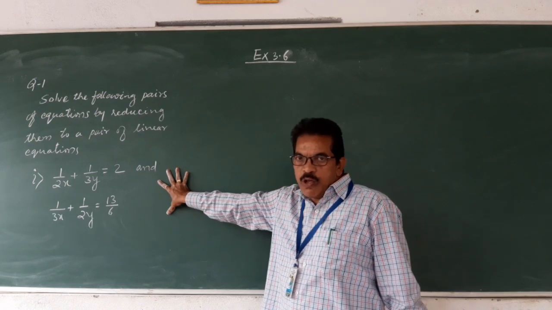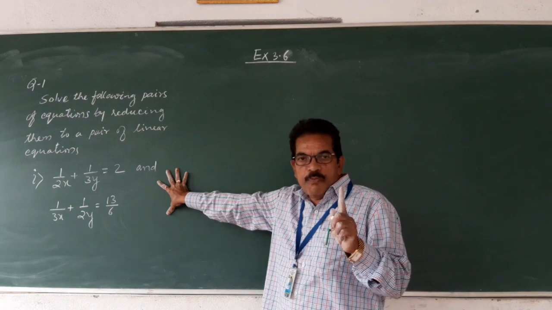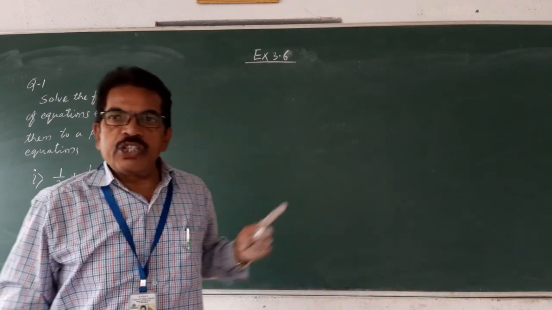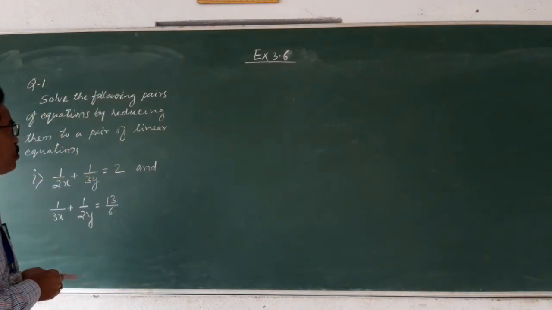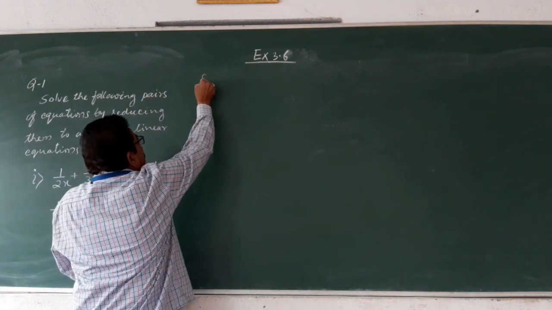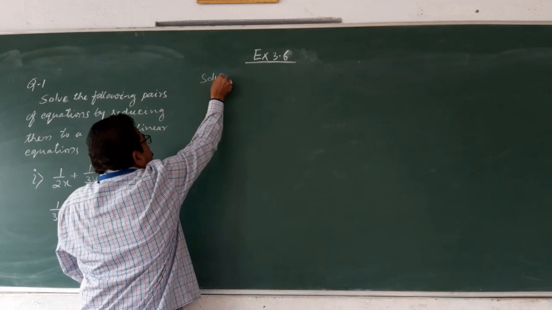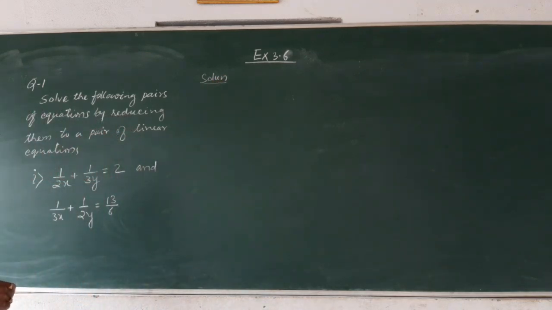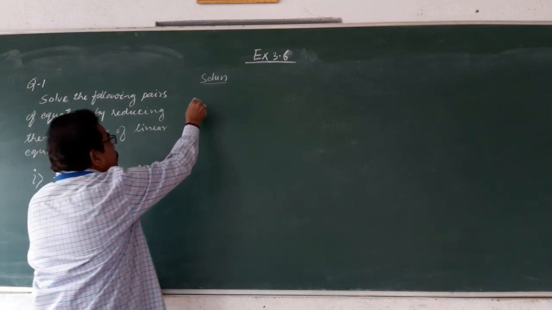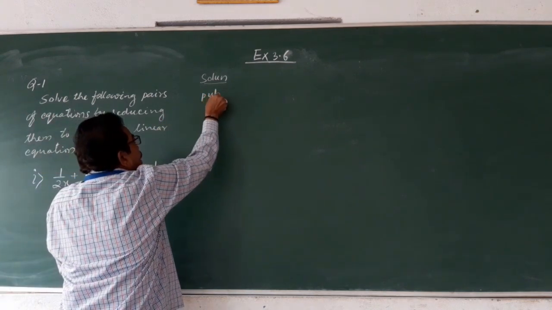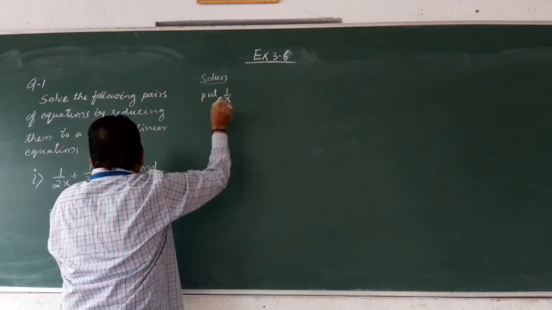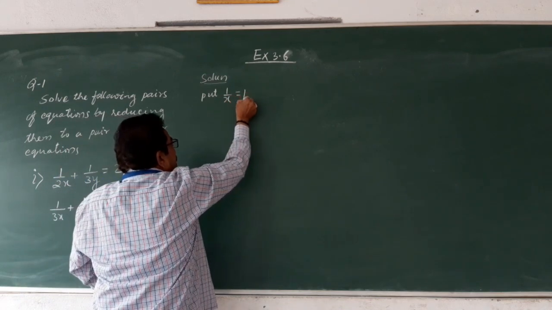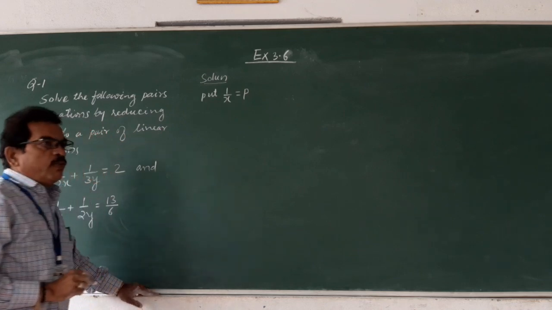Okay, let us solve one by one. See the first problem very attentively, then you will not face any problem in solving such equations. Okay, now see in what way I will solve this one. Put 1 by x equals p. Any alphabet you can take.